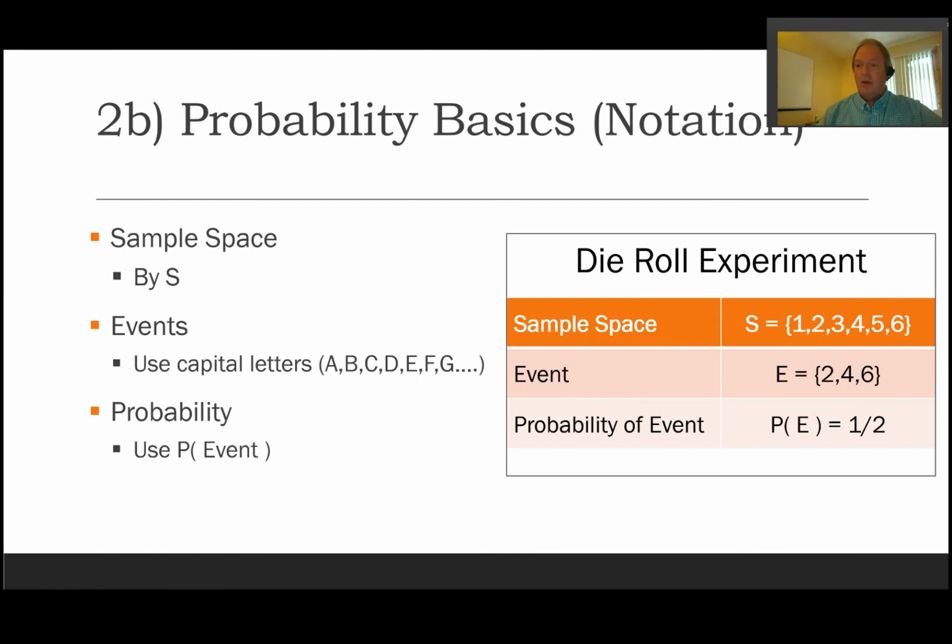The event that we roll an even number would be the event capital E, and it's equal to the event that I get an outcome in the set {2, 4, 6}. And finally, if I wanted to look at the probability of this event E that I just defined, I would write P and put in parentheses, and inside put the event E that I'm interested in. And of course, if we were rolling a fair die, that probability would be 1/2.